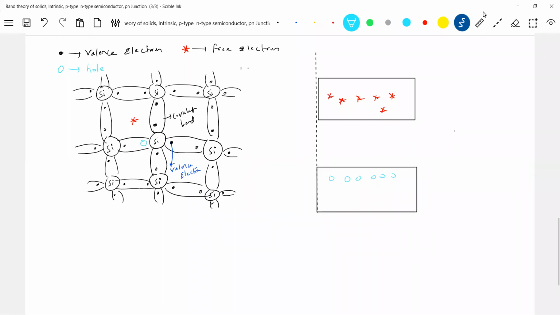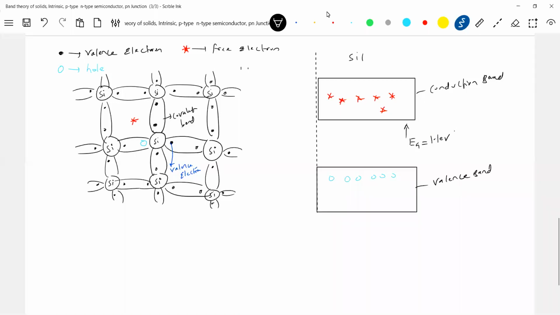First, there's a conduction band. We never show valence electrons in the conduction band; that's the usual practice because we are not bothered about these electrons. This is the energy gap, around 1.1 electron volt.